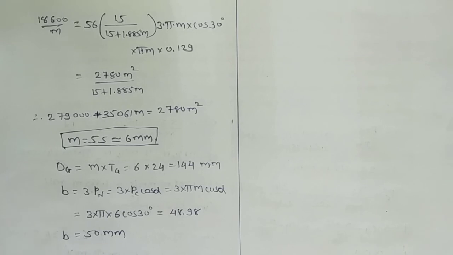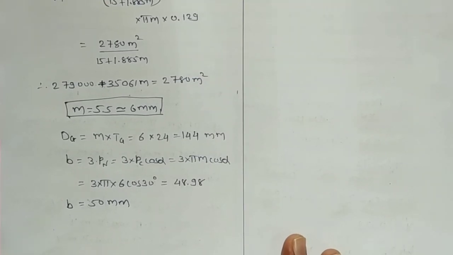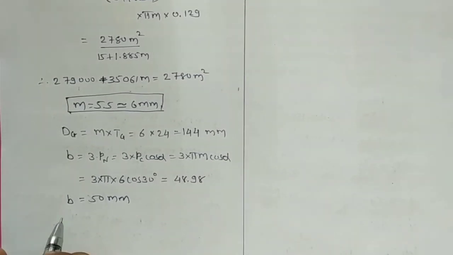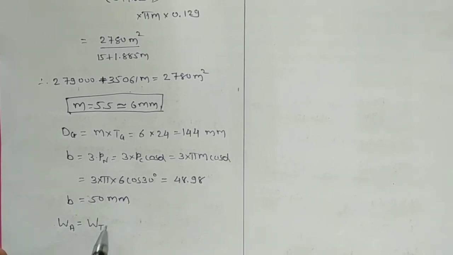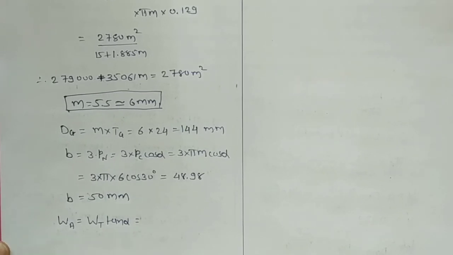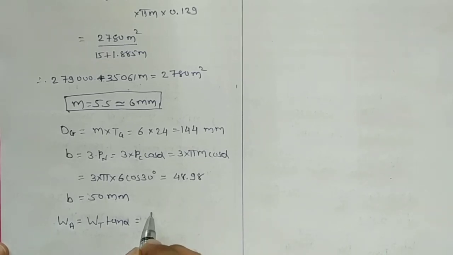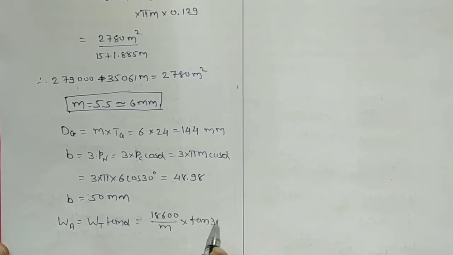Okay, and finally the end thrust. Okay, end thrust on the gear is equal to WA, means the axial load. So WA is equal to WT tan alpha. You know that the axial load, relation between the tangential and axial load, WA is equal to WT tan alpha. So WT is equal to 18,600 by M into tan 30.